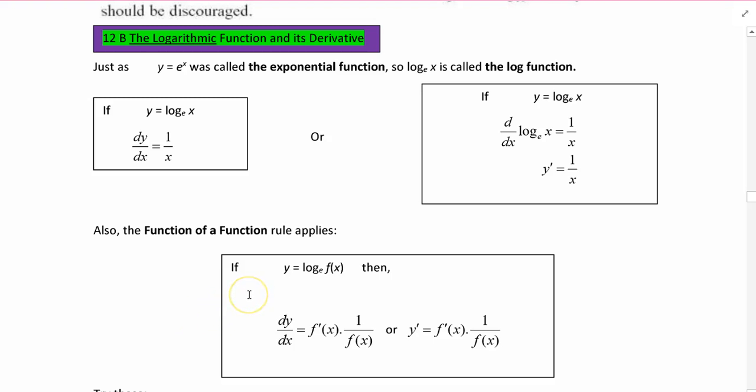So you're going to see here that to differentiate a log function, we call it the log function.